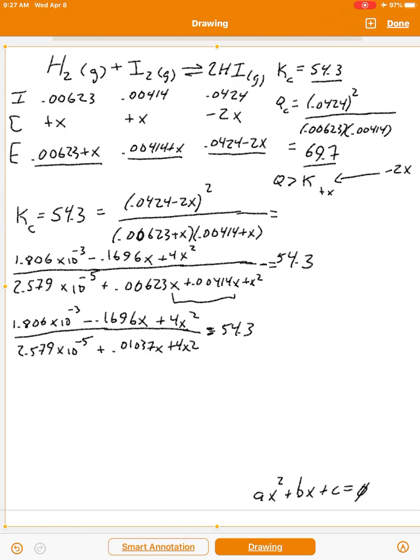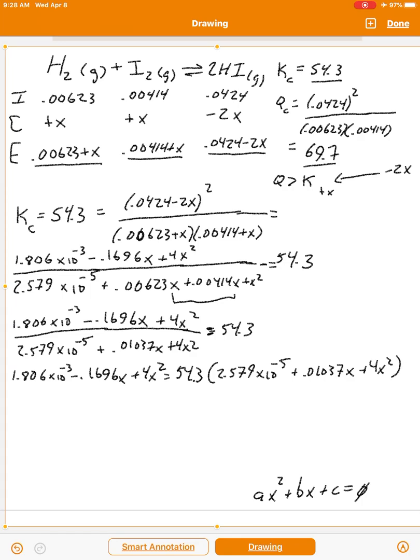So what I'll do here is just copy down the numerator again. You have to be very organized when you do these. And then 54.3 times everything in the denominator. Okay. Then you distribute, right?